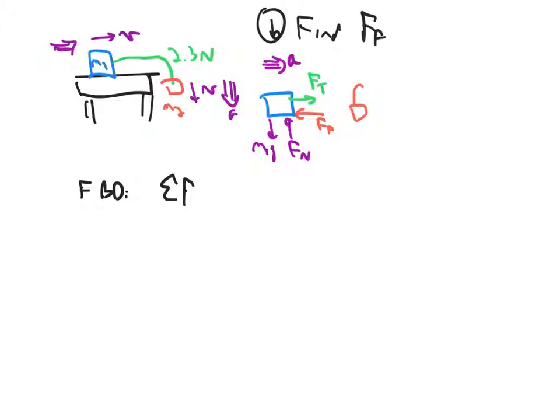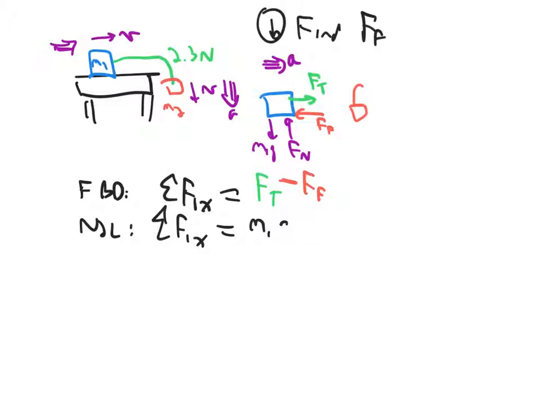So the sum of the forces on 1 in the x direction is Ft and the frictional force, but they have a different sign because they point in different directions. And the second law tells us that the sum of the forces on 1 in the x direction is M1 times A. Now we can just put the A because it points in the same direction as Ft, so it's equally positive.